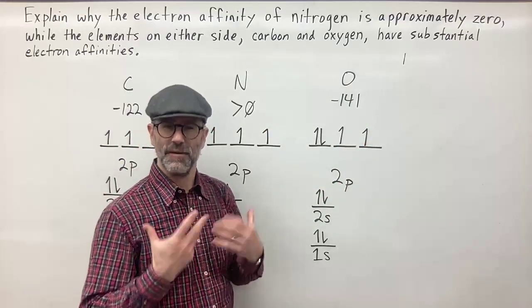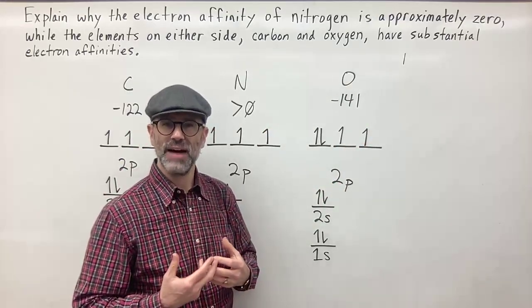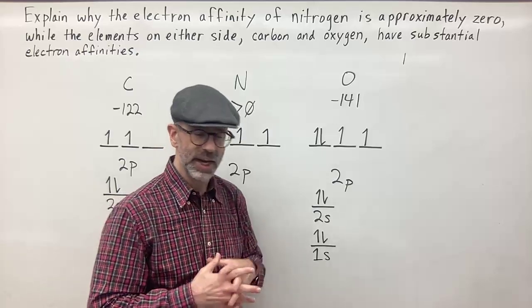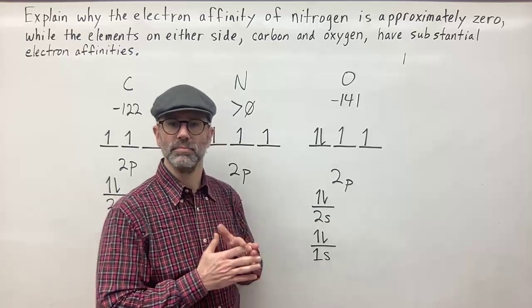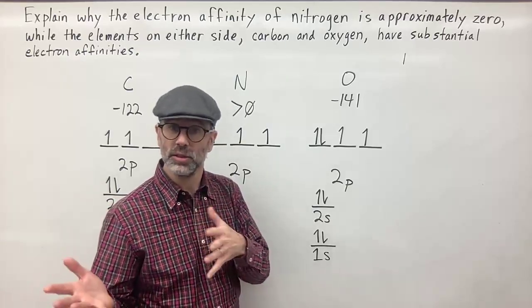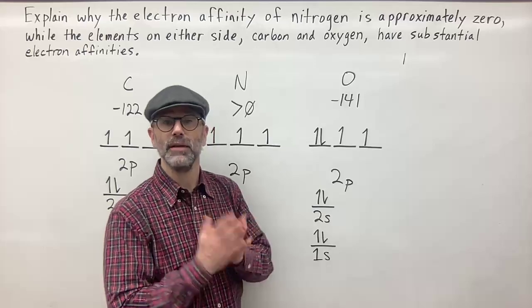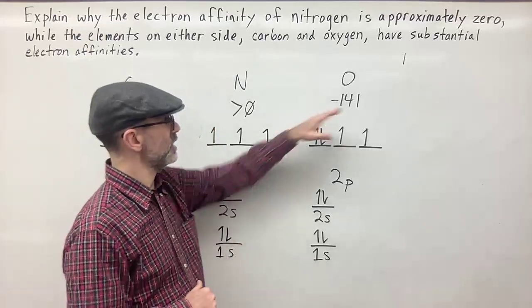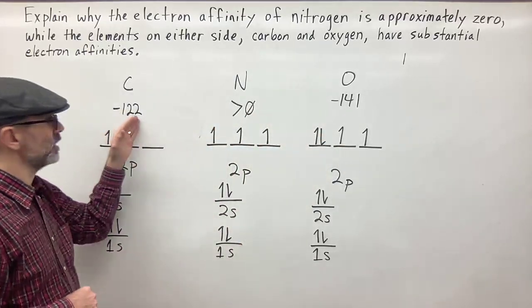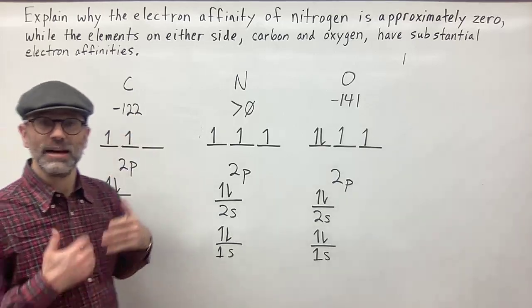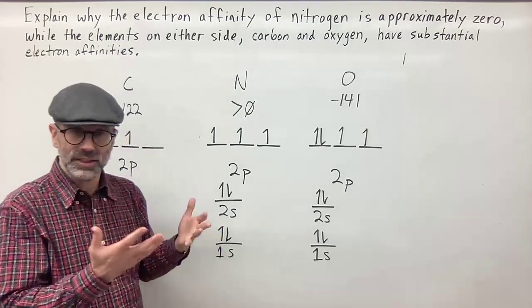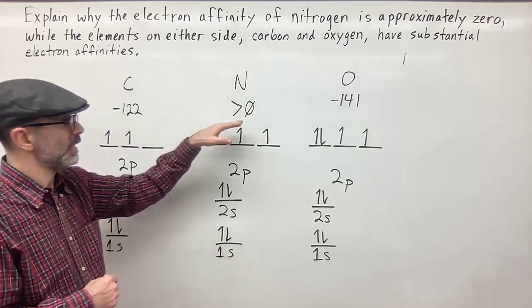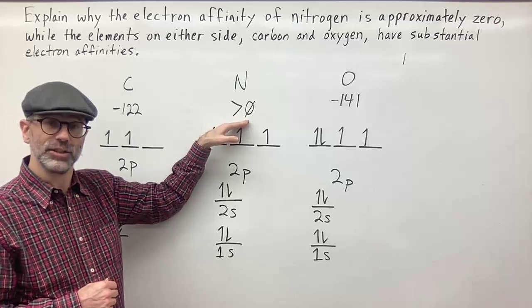So again, I think affinity means a leaning towards, right? So if I have an affinity for electrons, I lean towards taking electrons, right? So you can see that oxygen and carbon have a relatively high affinity for electrons, definitely compared to nitrogen.